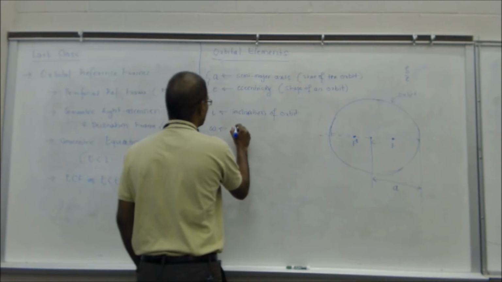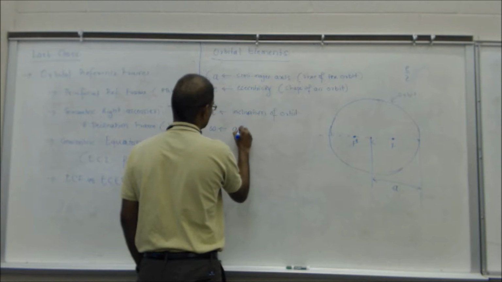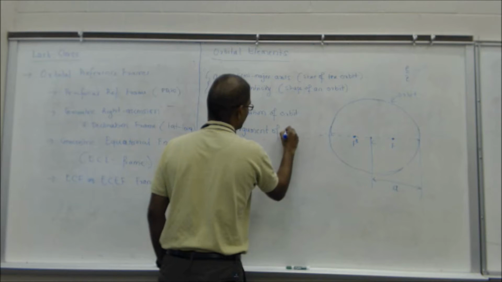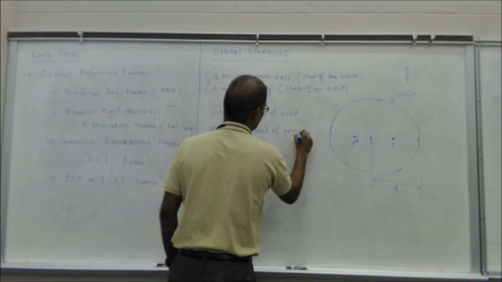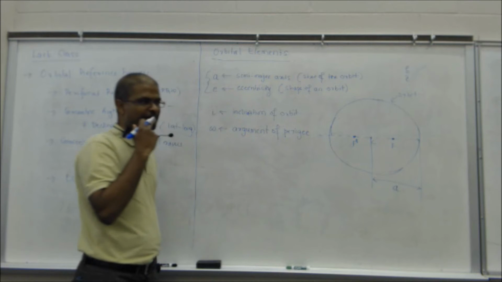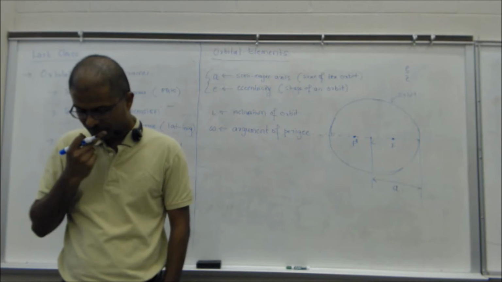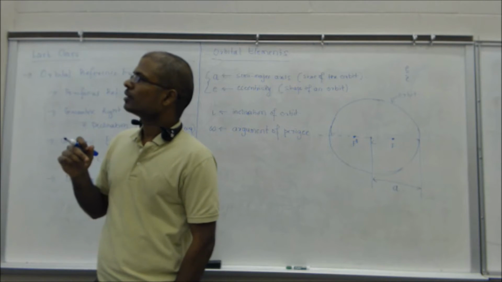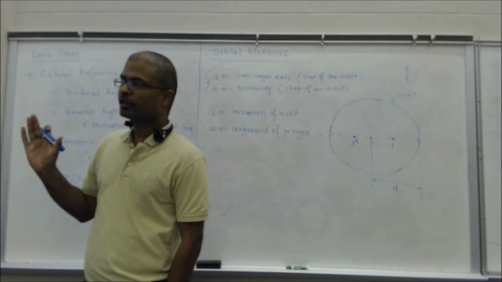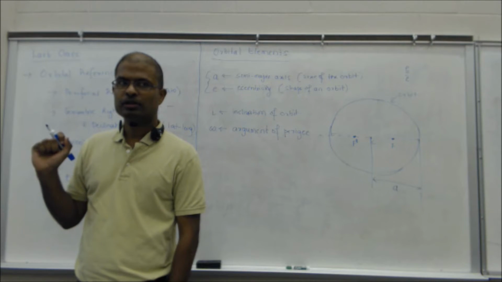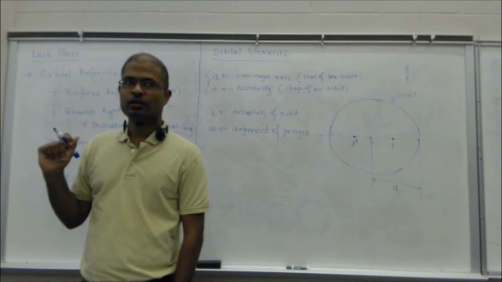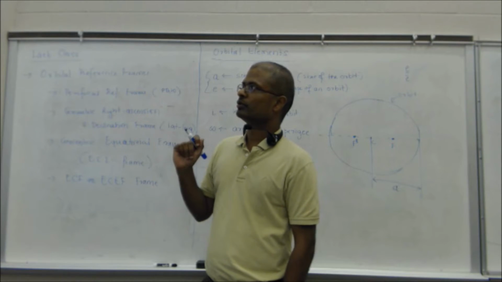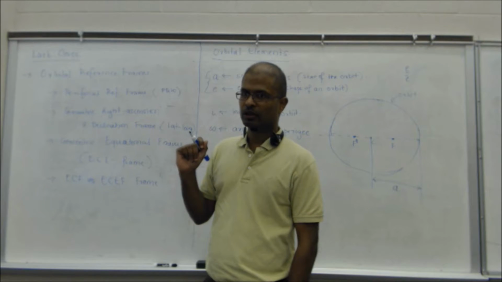So this angle is called the argument of perigee. In what plane is this angle? Angles are 2D angles, right? It's in the orbital plane, right? So this angle is in the orbital plane. You have to keep that in mind.